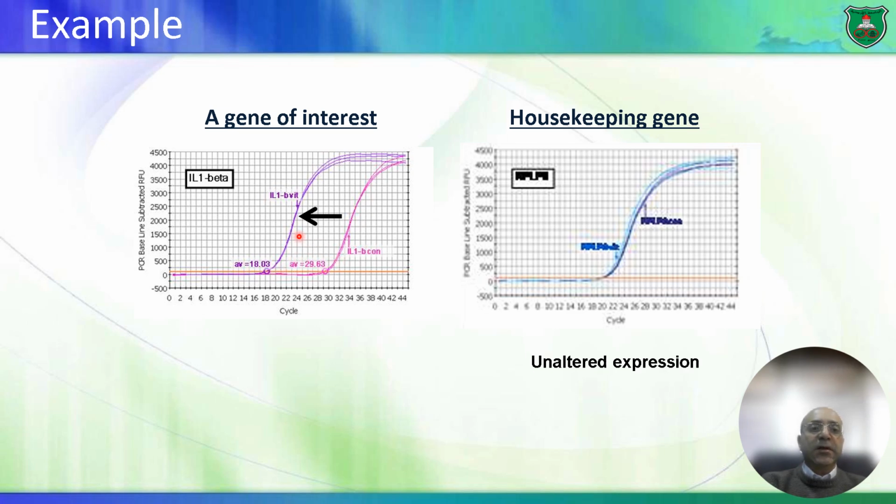Okay, and that means that this sample here has higher expression of that gene compared to that sample. Okay, because the RNA or the signal is detected at an earlier cycle, and there is no technical error in terms of the starting material, because when we looked at the housekeeping gene in these two samples, the signal is detected at the same threshold cycle, so we're using the same amount of RNA as the starting material. So I hope that you got the idea.